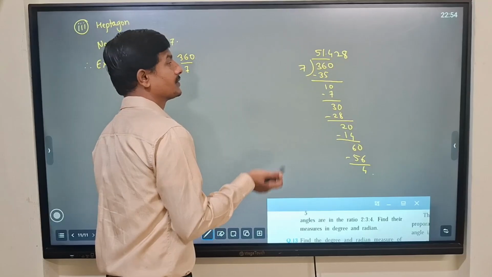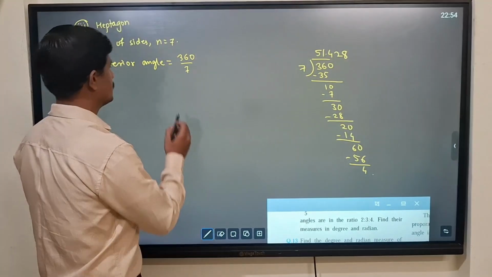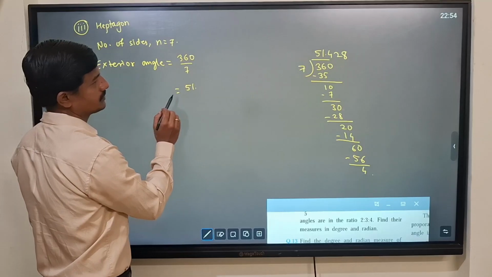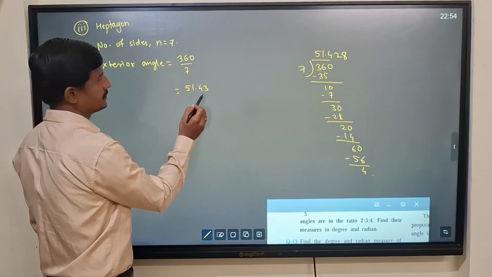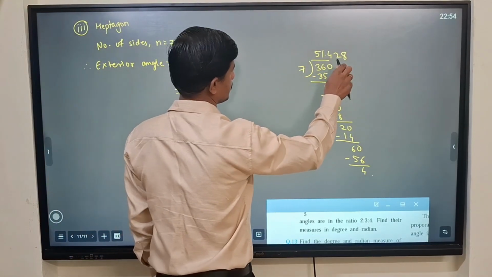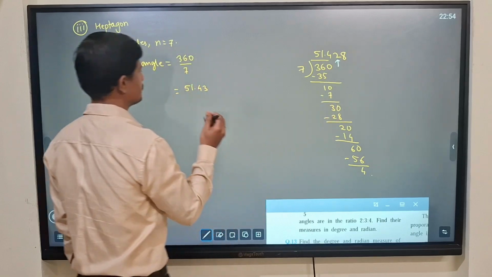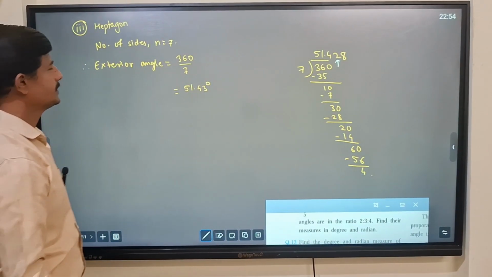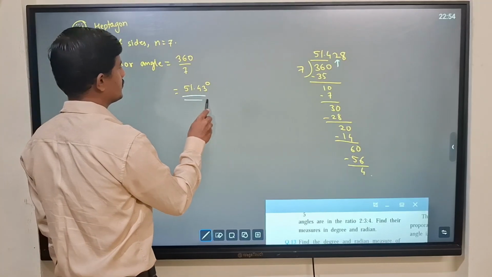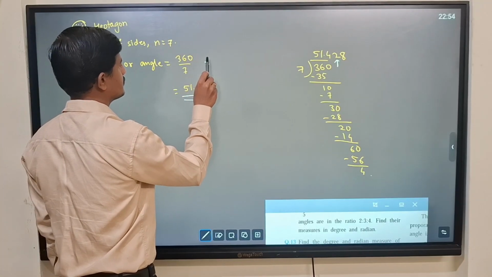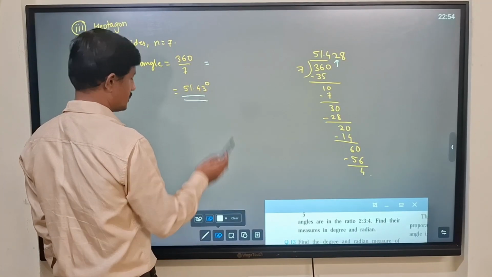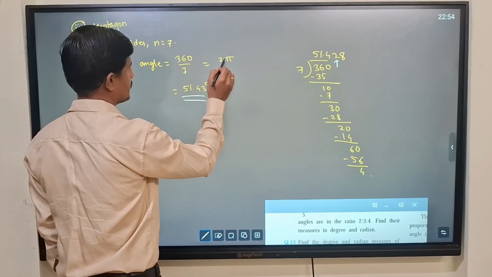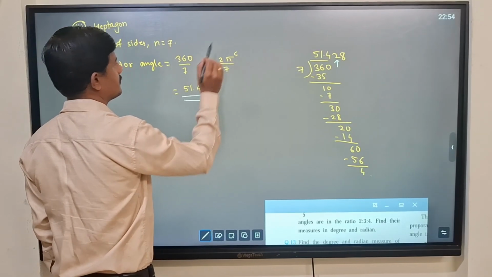This is a rational number. So exterior angle I can write as 51.43 degrees after rounding off up to this decimal place. Similarly, if I want it in radian, 360 is simply 2 pi, so it is 2 pi upon 7 radian.